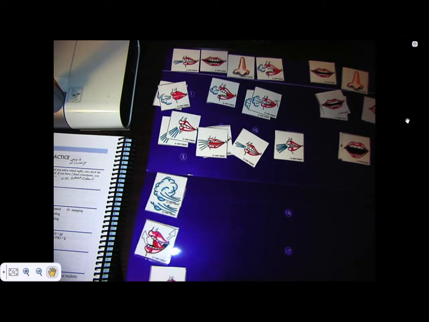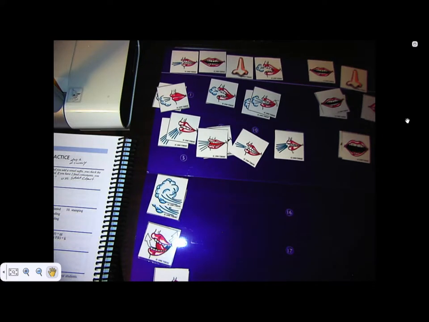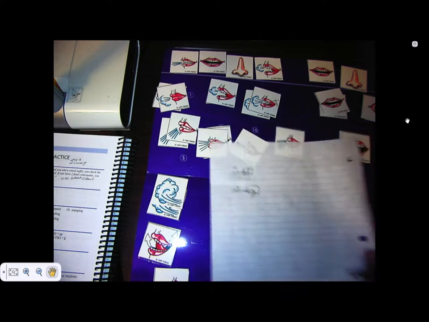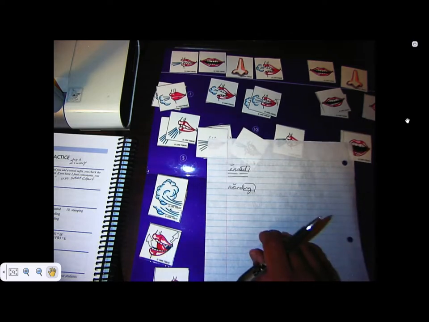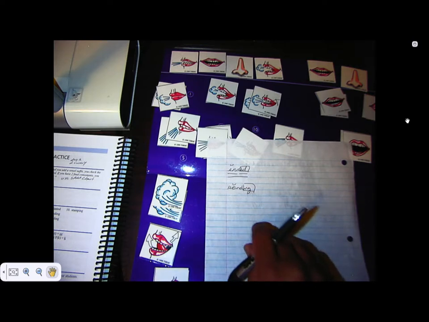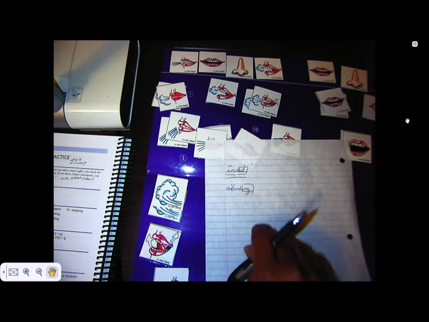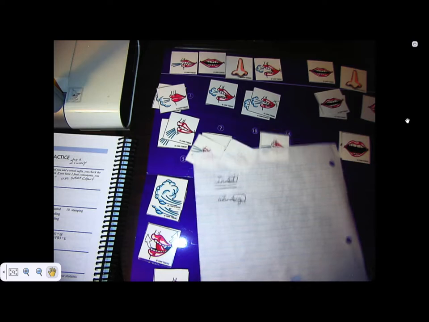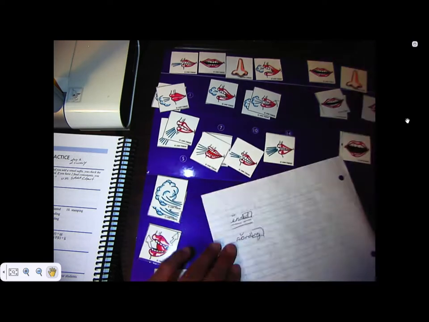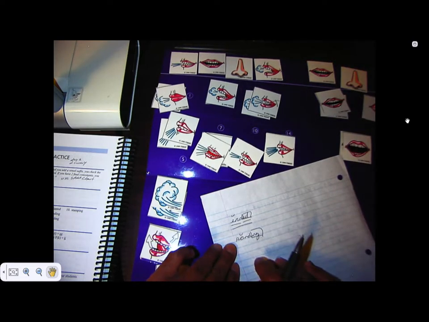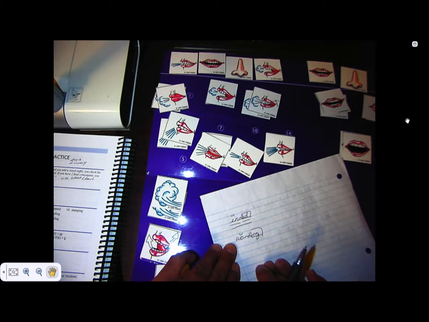That means I'm going to read a sentence. You will repeat the sentence or echo the sentence. Then you will write the sentence. So I will say it, you will echo. I will say it again. Then you write the sentence.